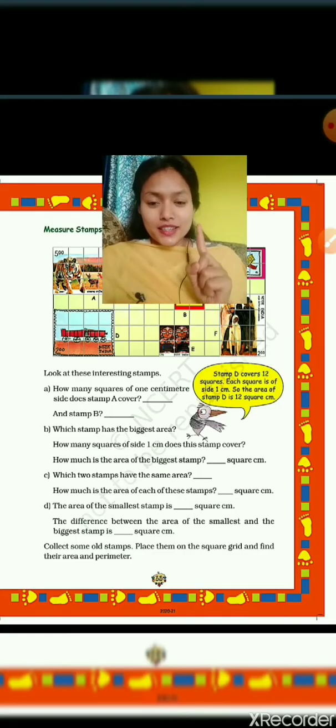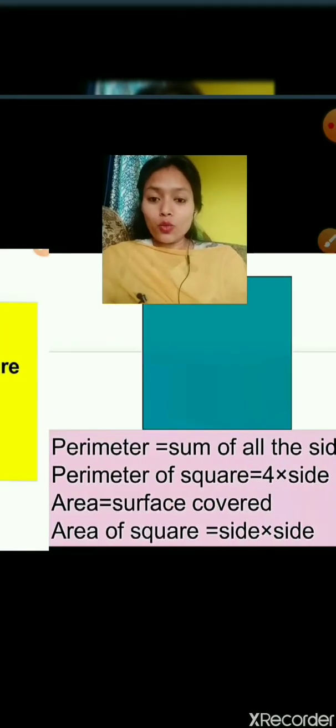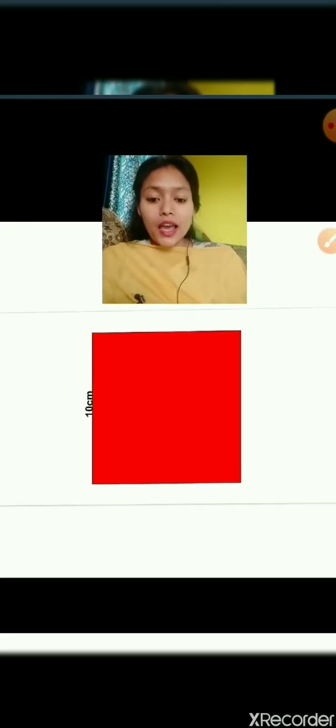In that we studied that a square is a four-sided figure, all the sides of a square are equal, and the angles of a square are also equal. Each angle of the square is 90 degrees, that is a right angle. So there are 4 right angles in a square.